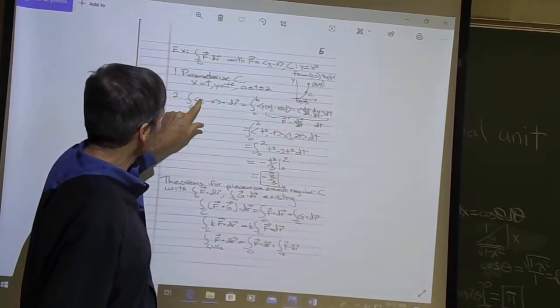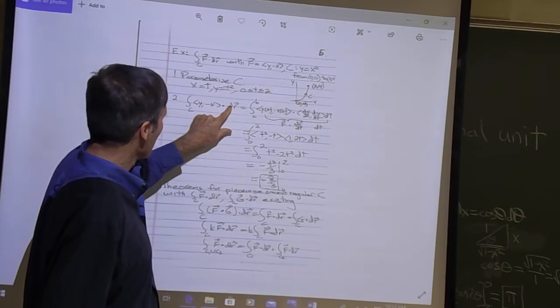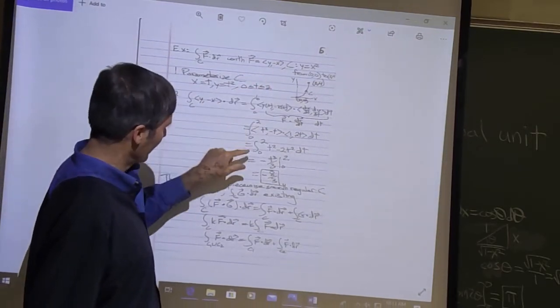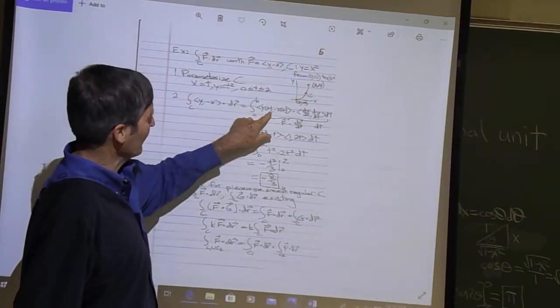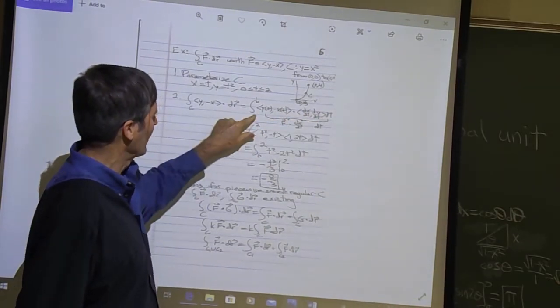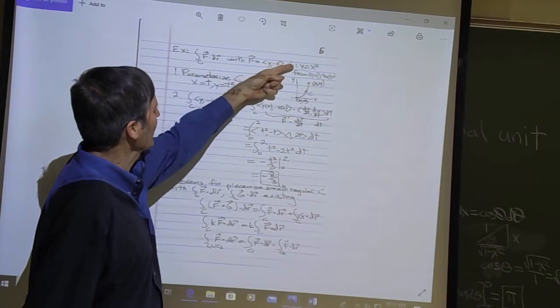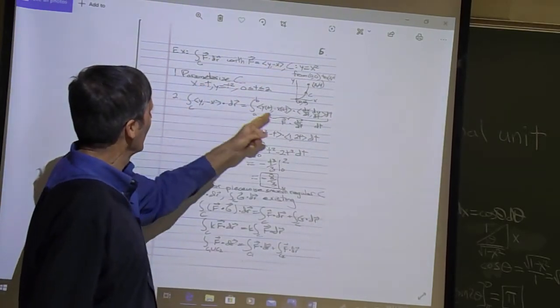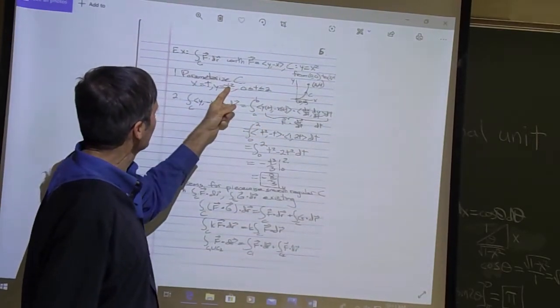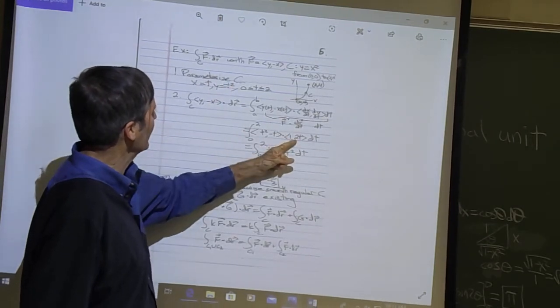And we have to integrate f dot dr, where f was given. Well, we use the theorem. It's f dot dr dt, dt, t going from A to B. Now what's dr dt? We just take the derivative of these, right? Derivative of x is 1. Derivative of y equals t squared is 2t.